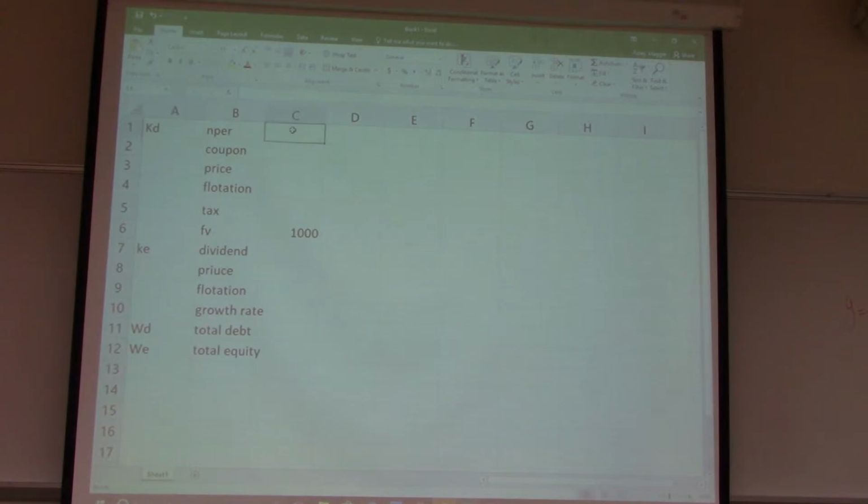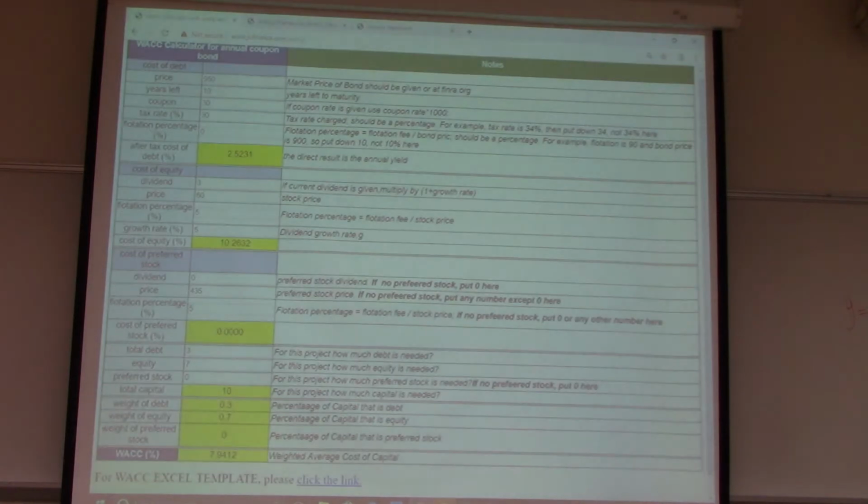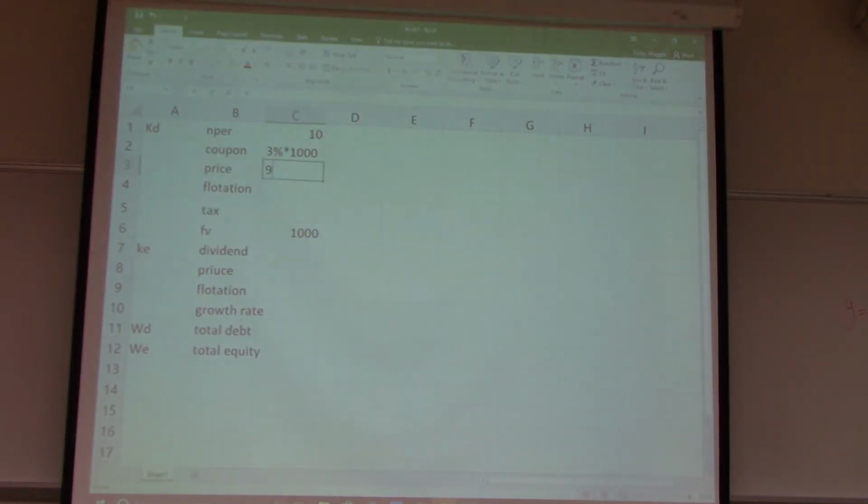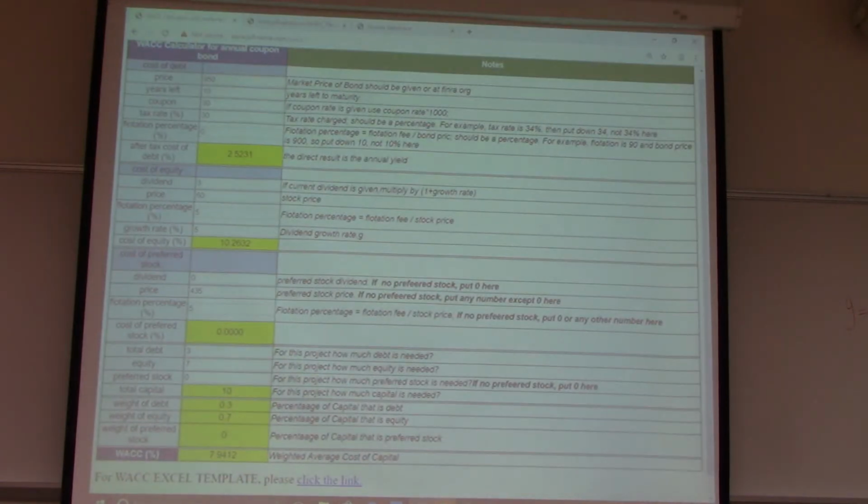So in our case, we know the number of years is 10, right? Coupon is 3%. Price is $950, right? Flotation is 5%. Tax rate is 30%.